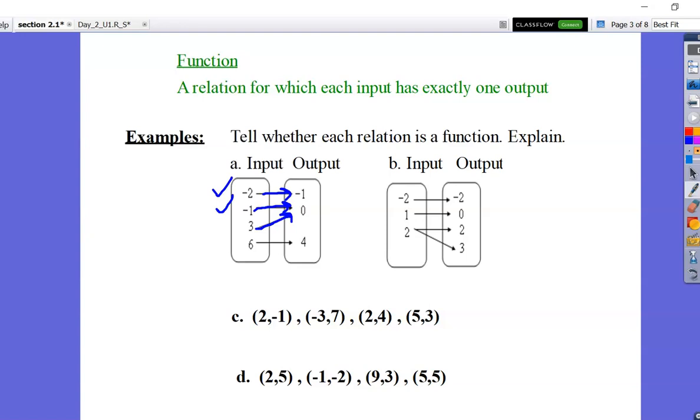It's that every input has to have exactly one output, even if it's not unique. So 3 maps to 0, and that's okay because we still have that same condition met. 6 maps to 4, that also works. So every input on the left-hand side has exactly one output on the right-hand side. So this is a function because all inputs have exactly one output.